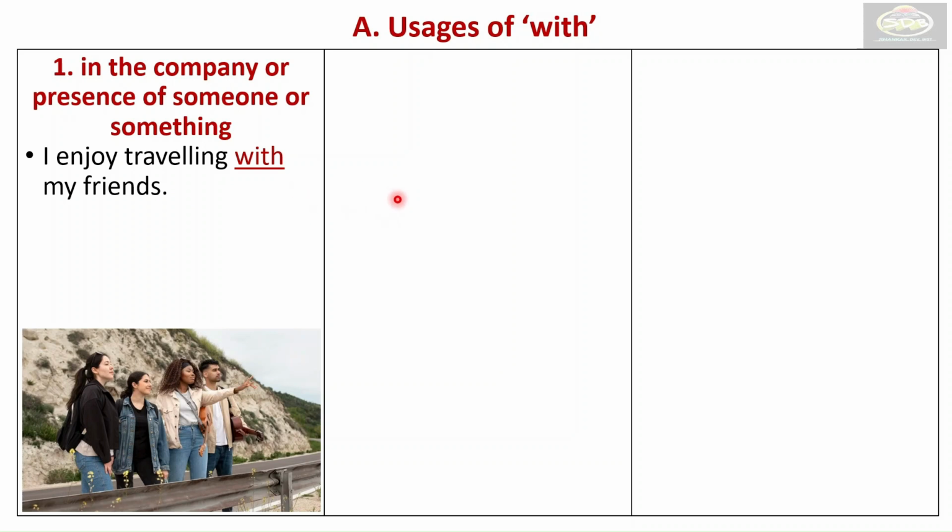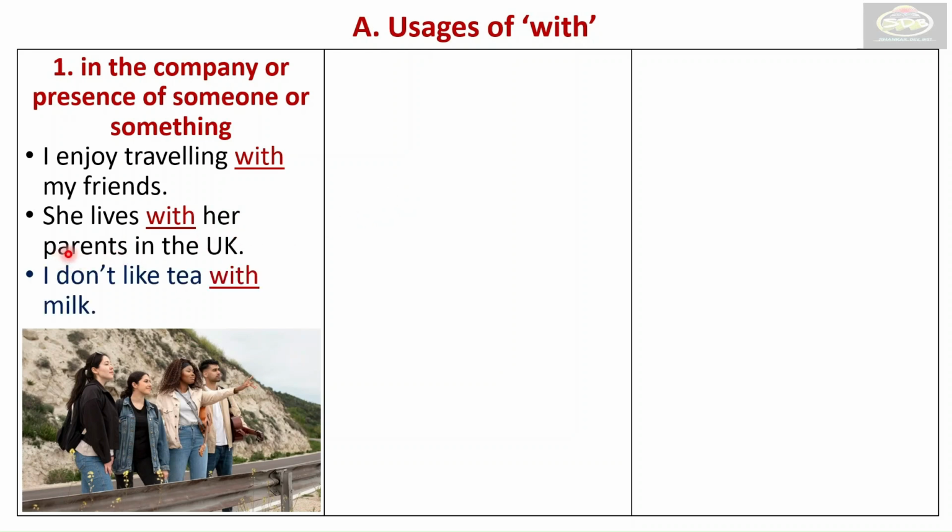In this situation we use with. More examples. She lives with her parents in the UK. I don't like tea with milk. The presence of two items is indicated with the use of with.